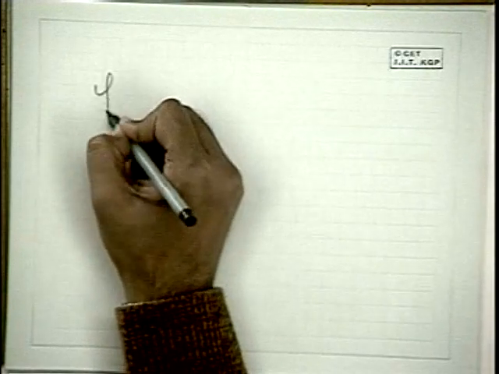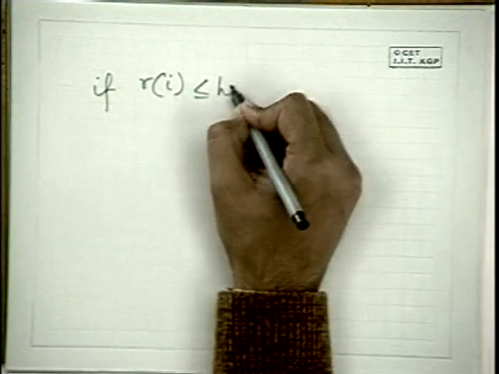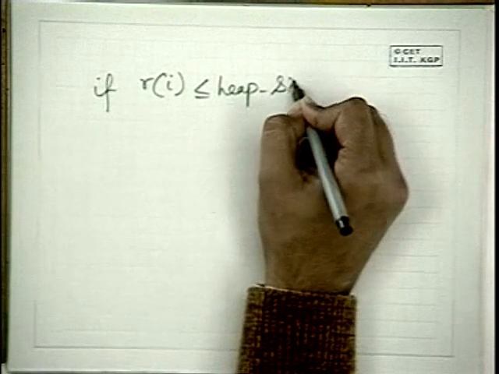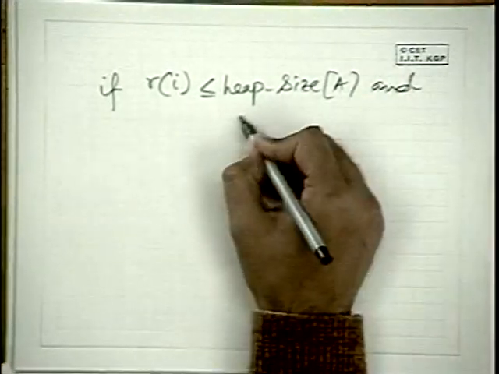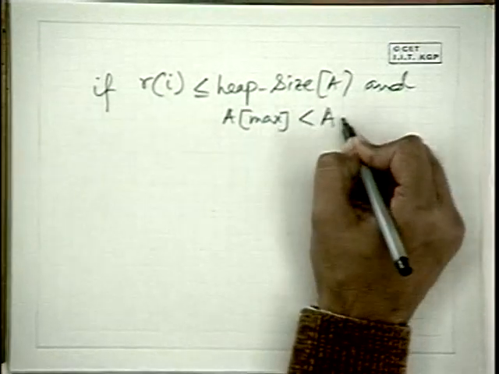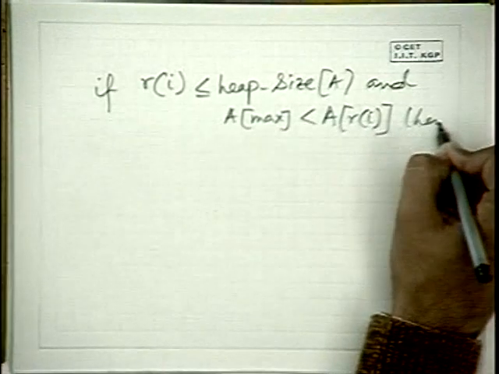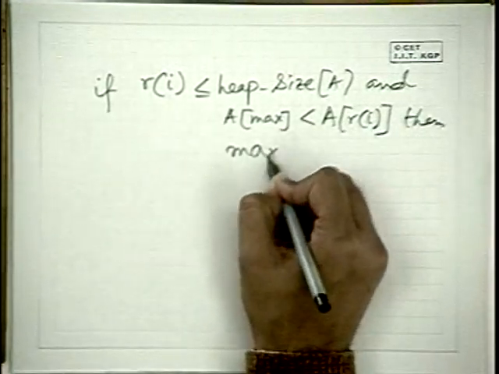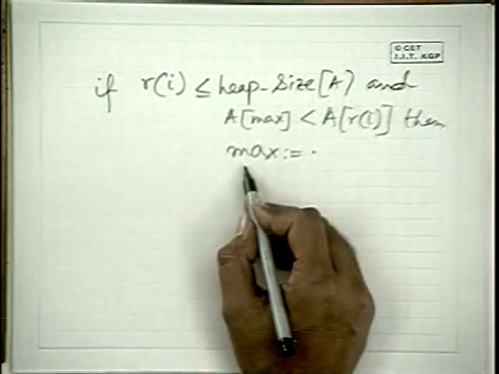Next, I write: if Ri is less than or equal to heap size A, and A of max is less than A of Ri, then max is equal to Ri. Here I am again updating the max.